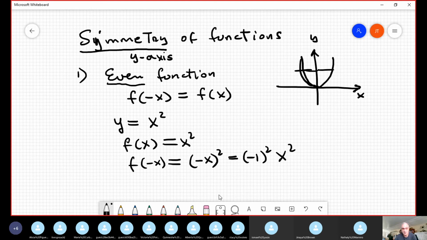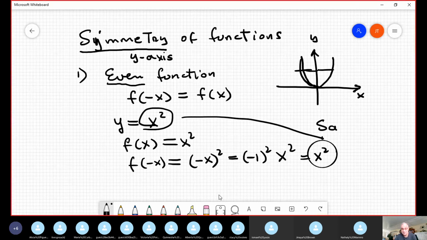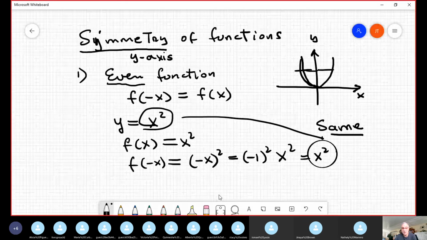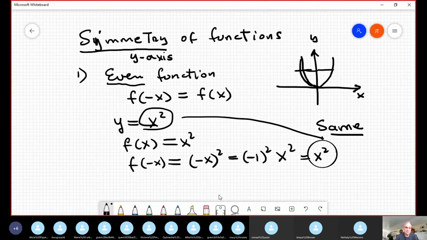So you raise to the second power both. But (negative 1) squared is positive 1. So you compare this answer and the original. Shoot, it is the same. And when this situation happens, it's even. And when the function is even, it's symmetric with respect to the y-axis. Okay?